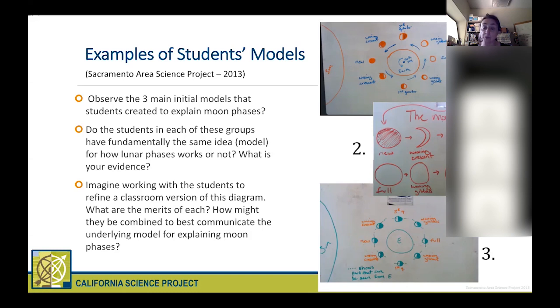Right, and another observation that you can see from 1 and 3 is that number 3 is showing how the moon would look from the outside, being outside the Earth, while number 1 is depicting the image of the moon seen from the Earth.